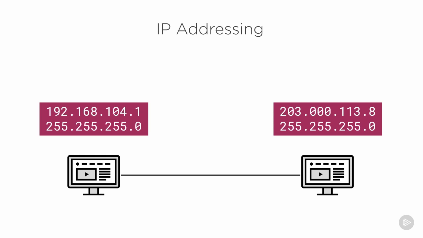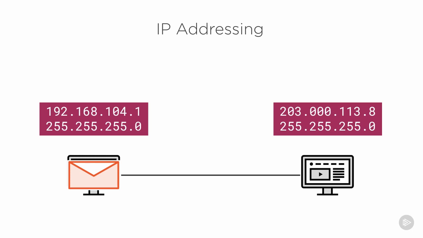One of the rules here of IP addresses is that if I give my machine on the left the 192.168.104.1 with a mask of 255.255.255.0, and I give the IP address of the machine on the right to be 203.0.113.8 with a mask of 255.255.255.0, these devices are on separate networks.